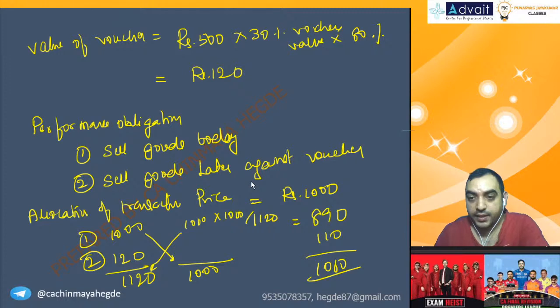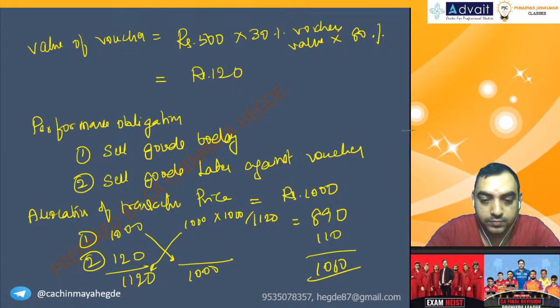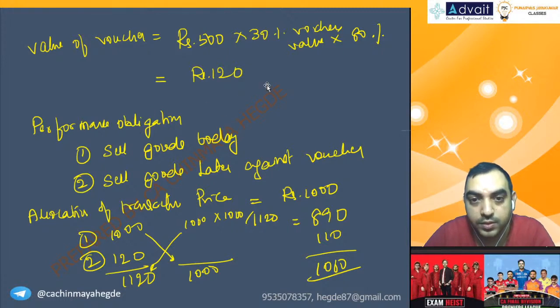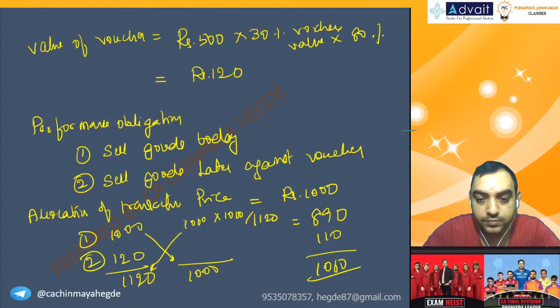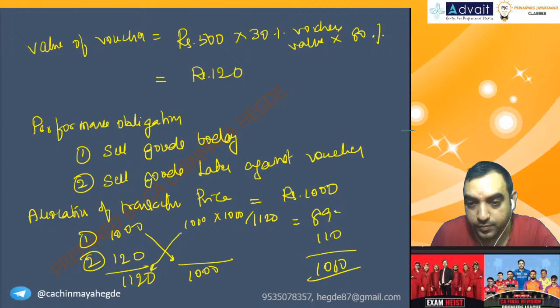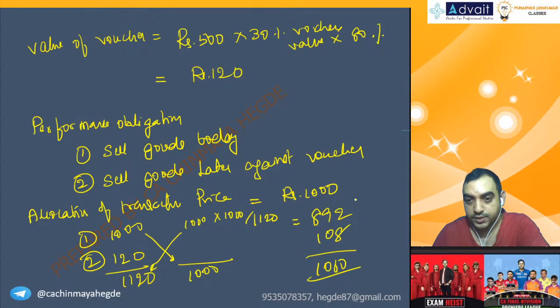Hope you are getting 890. 892 you are getting, okay. Okay, 892 you are getting. So I'll write it 892 and 108.